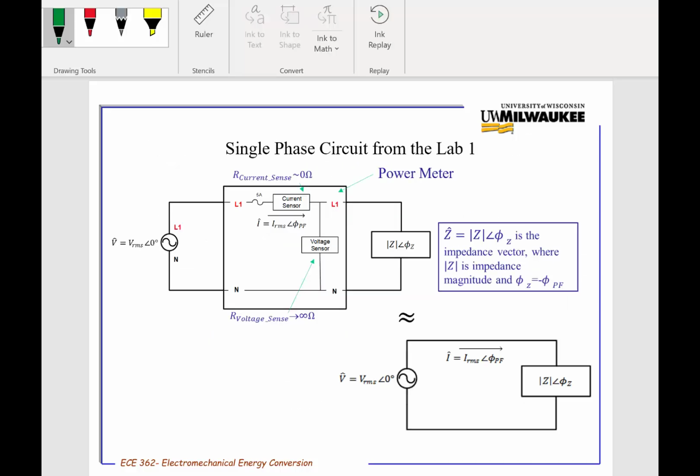So what I want to show you now is this single phase circuit, an actual AC circuit. This is really what you're going to be seeing in your first lab. From lab 1, what you have in the lab is a variable source.